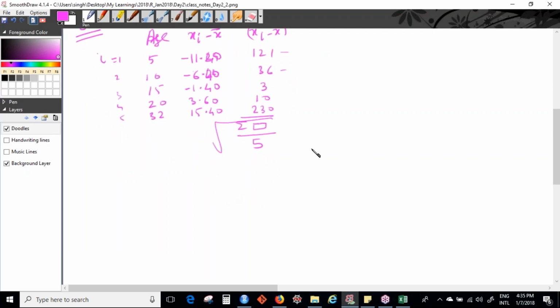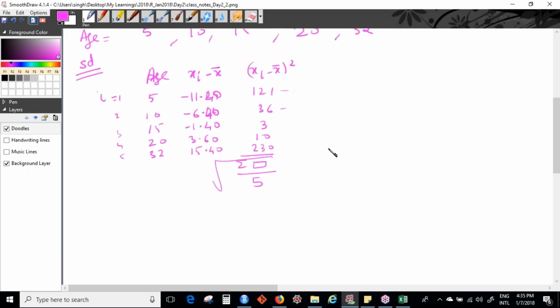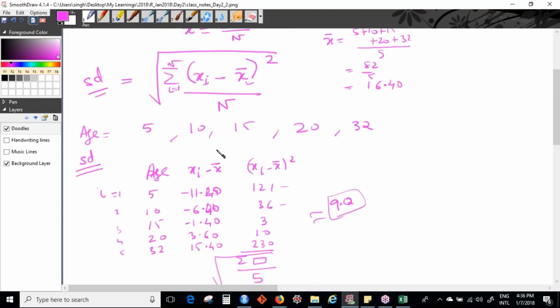Okay. Everybody agrees? So if you do that, you will get 9 point something. So close to 9 is the answer. So 9 is the standard deviation of this.